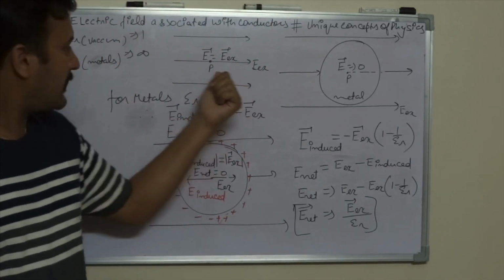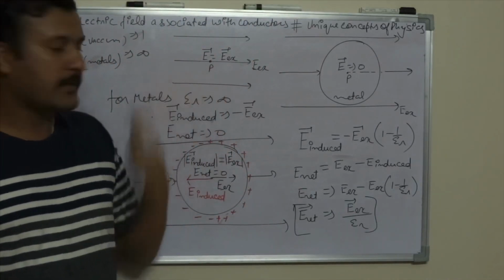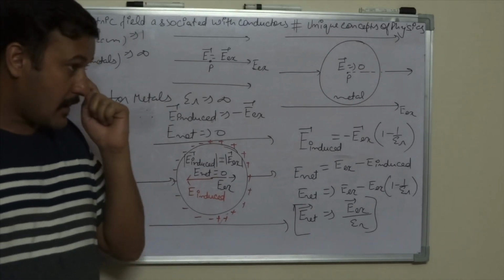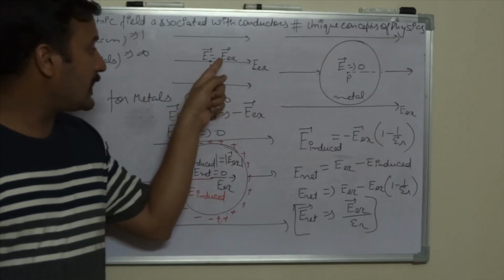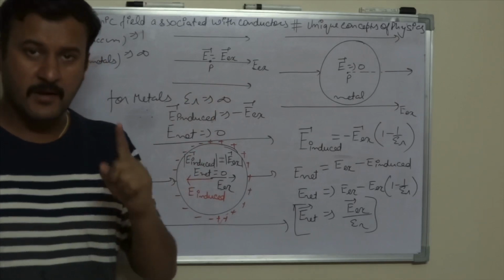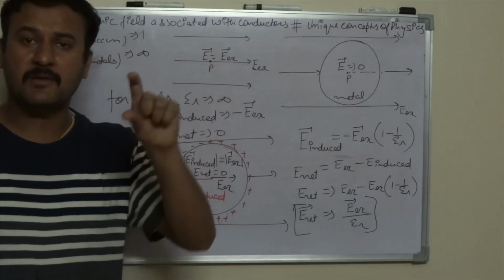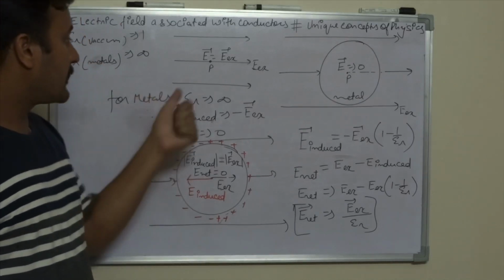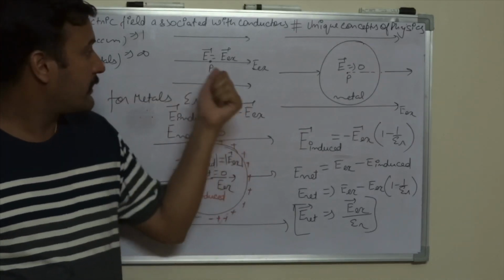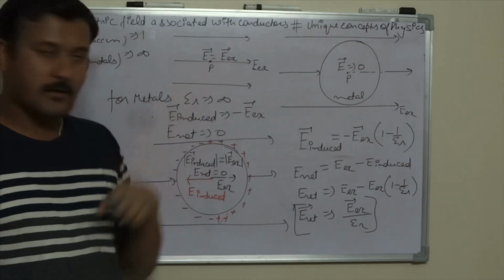I've taken an example. Let's suppose there is a point P situated in vacuum, and we have applied the electric field E external here. Field is uniform, hence it is denoted by parallel equally spaced lines, and at P therefore the field will be E external.